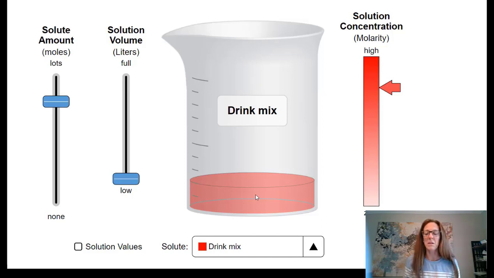Well, maybe you like dilute concentrations, but it would taste really watery. I don't like really dilute, but I also don't like the really concentrated.